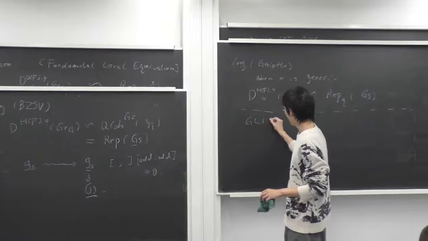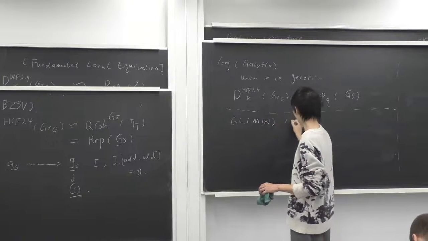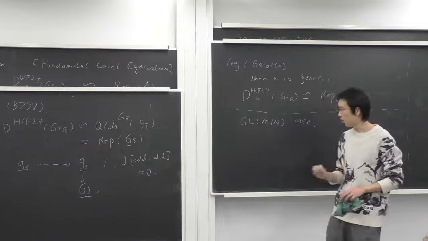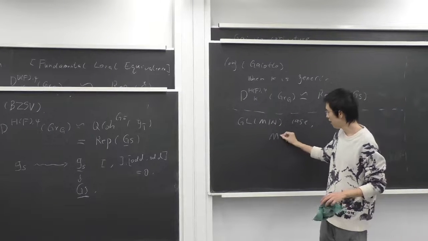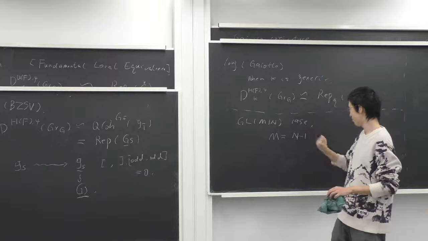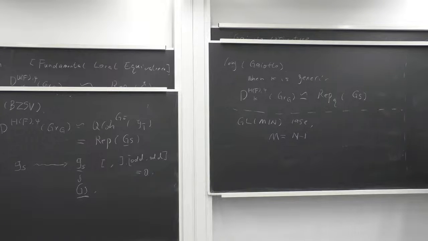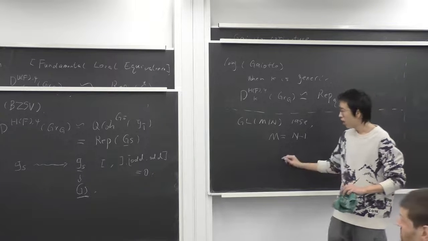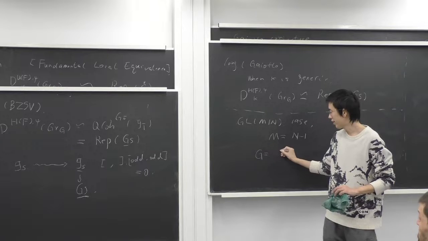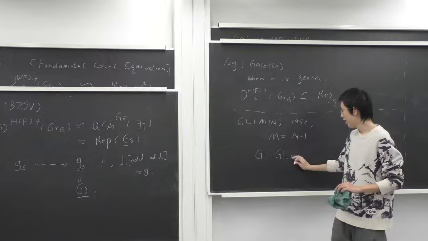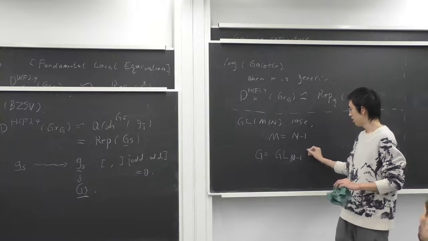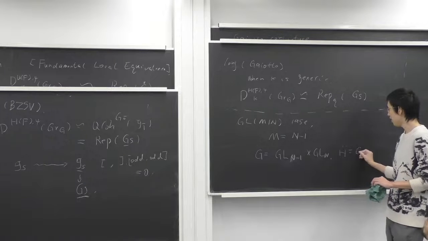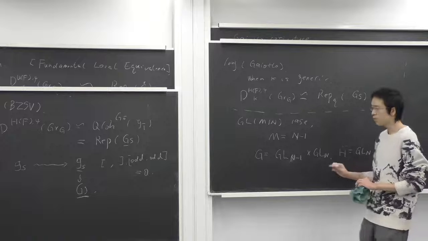Okay. So first we have the GL(M|N) case. For the GL(M|N) case, to start with, let us start from the case when m equals n-1, because we don't need to introduce many notations in this case. In the case when m equals n-1, our G is GL(n-1) times GL(n), and your H is GL(n-1), and the C is 0.